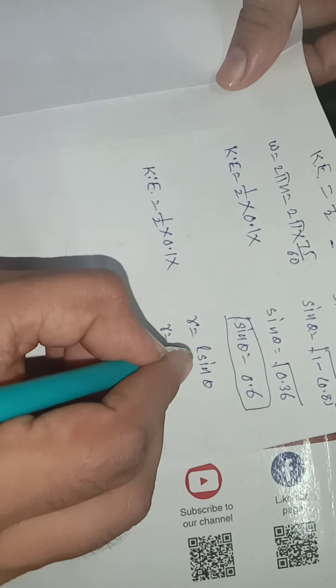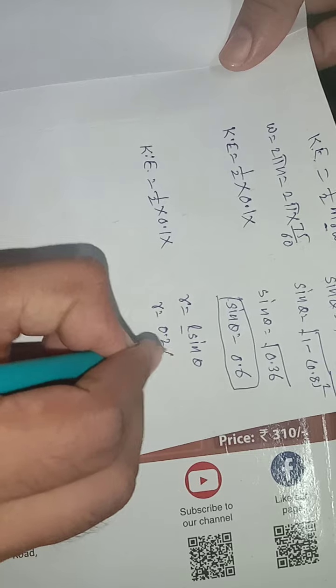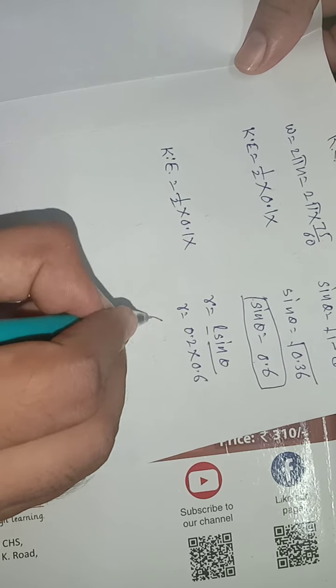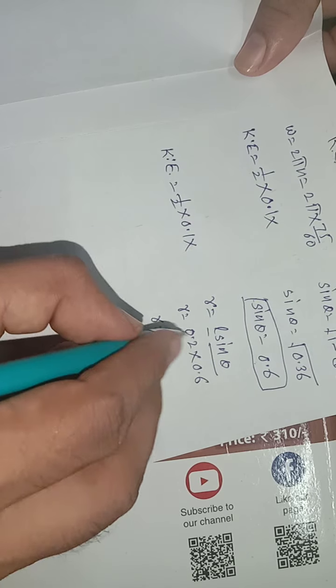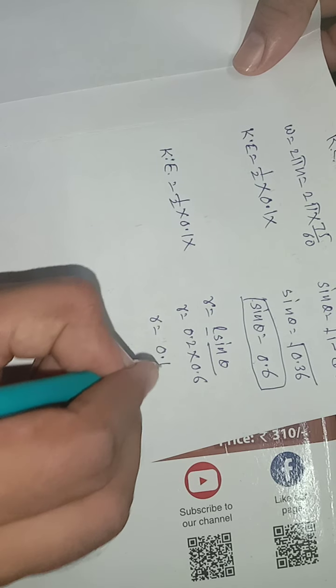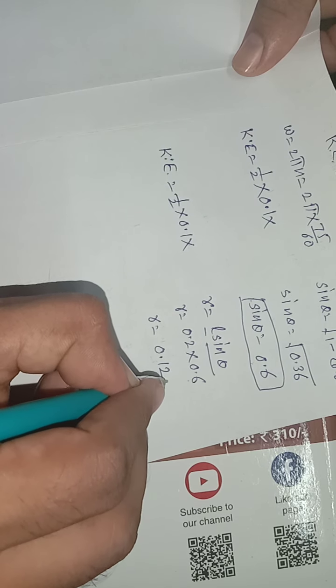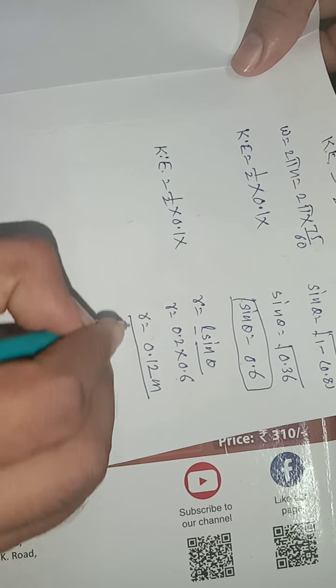L is given as 0.2, and sin theta we already calculated as 0.6. That means r is equal to 0.12, 6 into 2 is 12. So 0.12 meter is the magnitude of r.